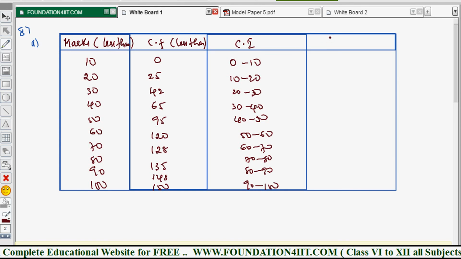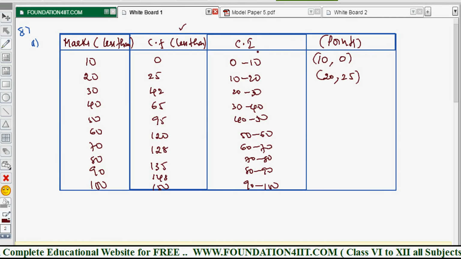Based on this you can find out the points. The points are always the upper limit: 10 with cumulative frequency 0, that is 10 comma 0, and 20 comma 25.